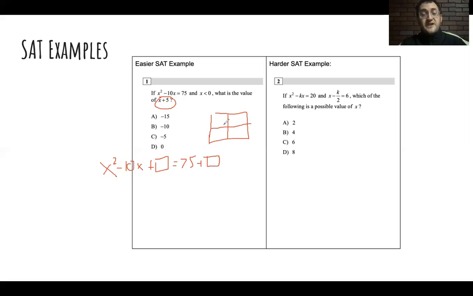One thing that is a hint here is we have x squared minus 10x. So I have the x, and then b over 2 is just going to be minus 10 over 2, which is equal to negative 5.